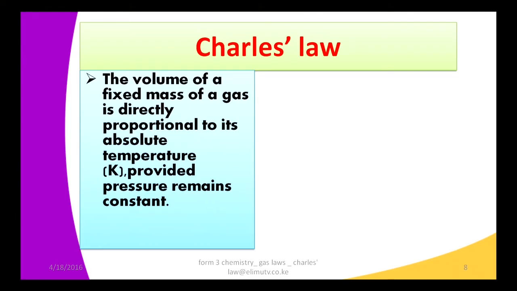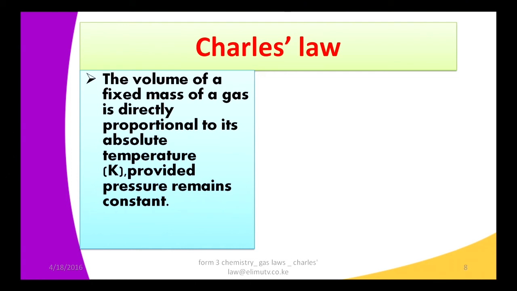So pressure is supposed to remain constant. Now, if pressure remains constant, then the volume is directly proportional to its absolute temperature, meaning that when you increase the temperature of a given gas, its volume will also increase in the same proportion. If you decrease the temperature, the volume is also going to decrease in the same proportion.